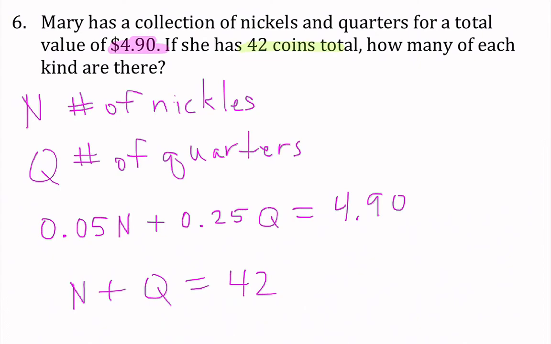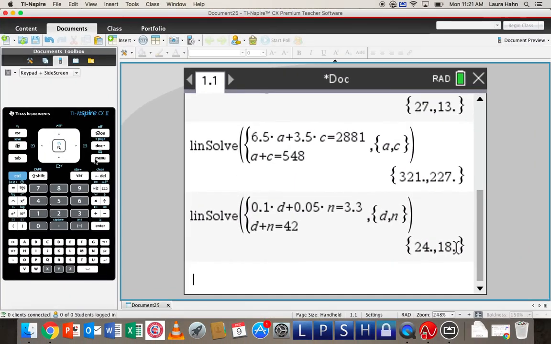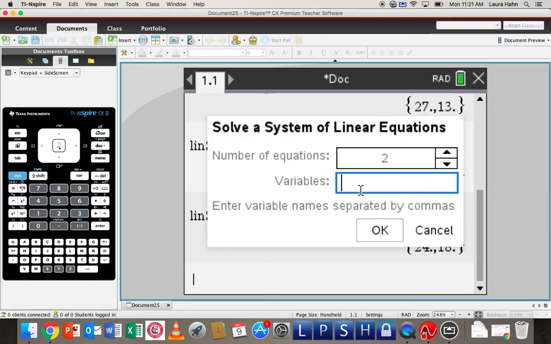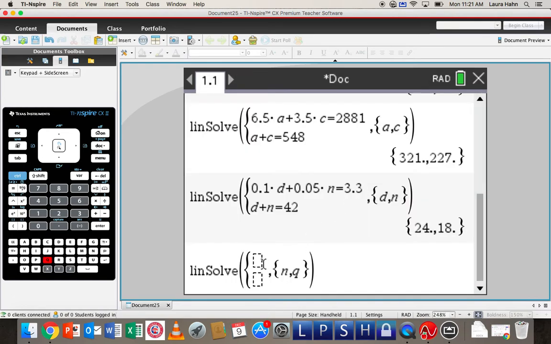So now that I have my two equations, I'm going to press menu 3, 2, change my variables to N, comma, Q. My first equation is 0.05 N plus 0.25 Q equals 4.90.